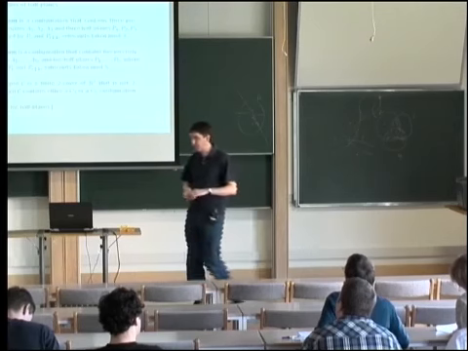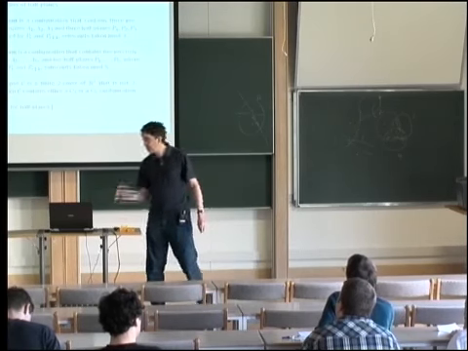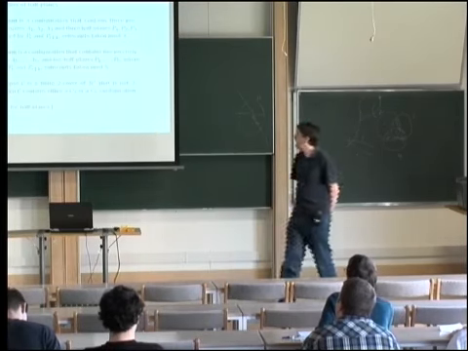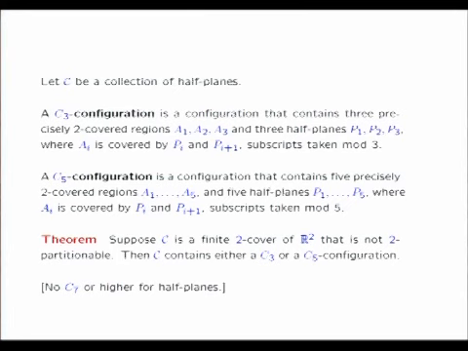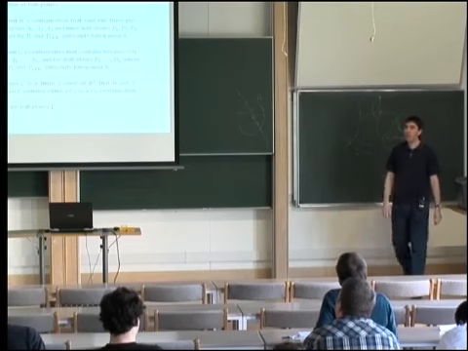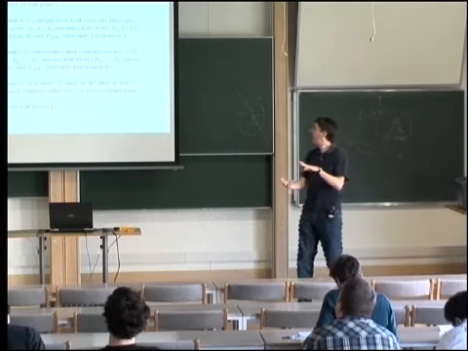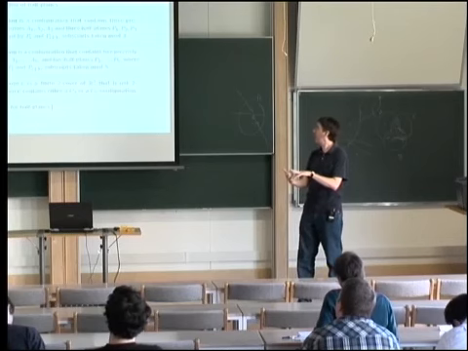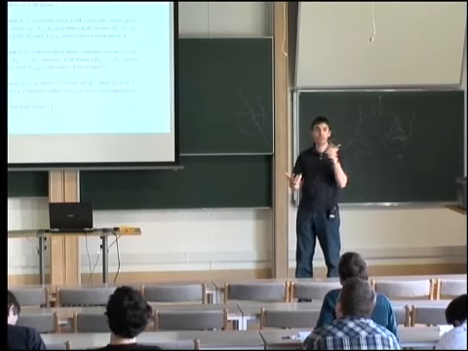Here's that theorem. I just write it out a little bit more carefully. So we say a C3 configuration is a configuration in the first picture, which I just drew over here, where you've got 3 two-covered regions, here, here, and here: A1, A2, A3, which are covered by half planes, or these disks.